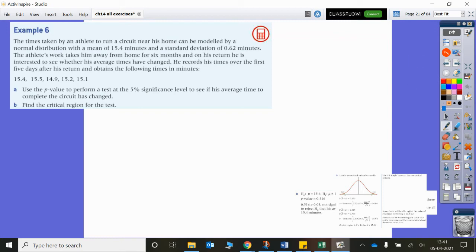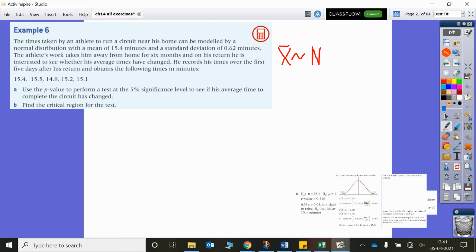So, okay, we've got x bar should be normally distributed. Now, because this is modeled by a normal distribution with a particular standard deviation here as well, we don't have to use the central limit theorem in order to say that this is normally distributed.